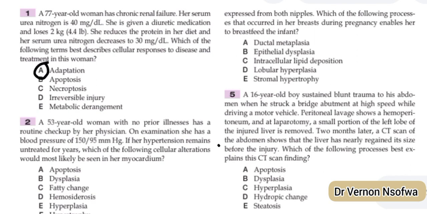Okay, I'm not going to waste time talking about apoptosis because we know this is simply programmed cell death. And then necroptosis, this is actually a combination of necrosis and apoptosis. But what you should know is that this one is also programmed but doesn't use the caspase 8 enzyme.